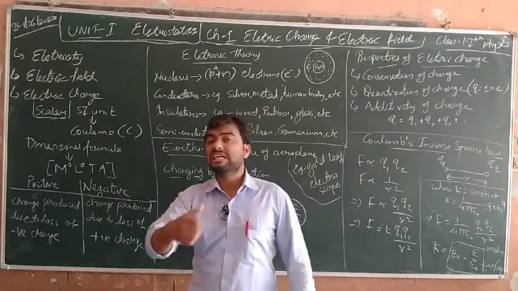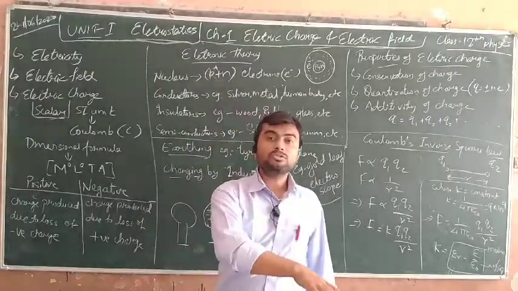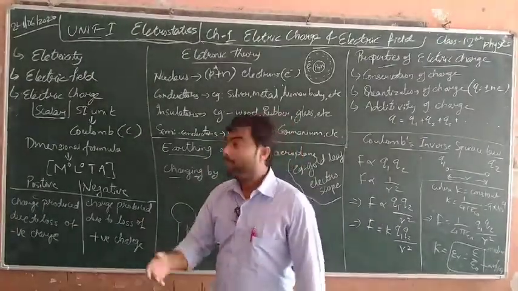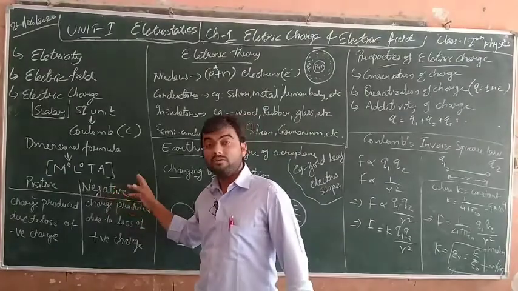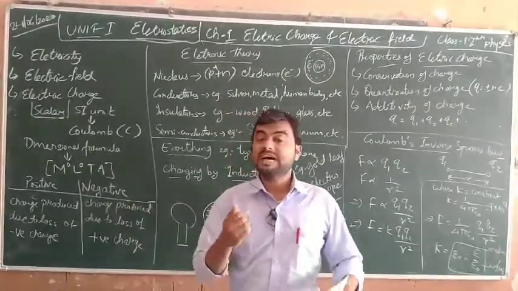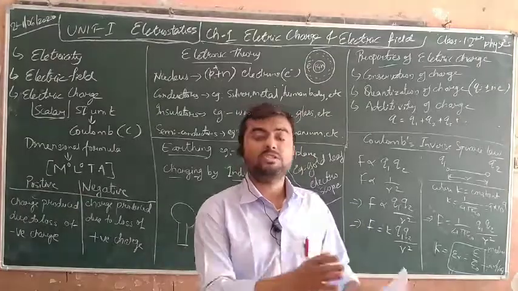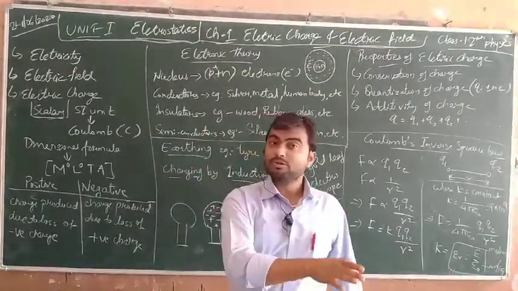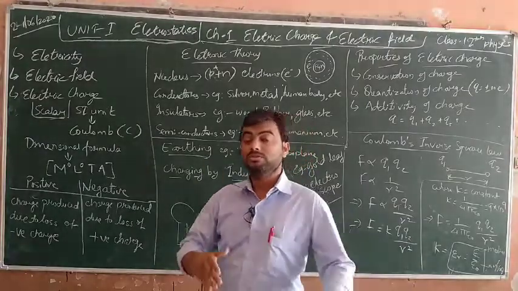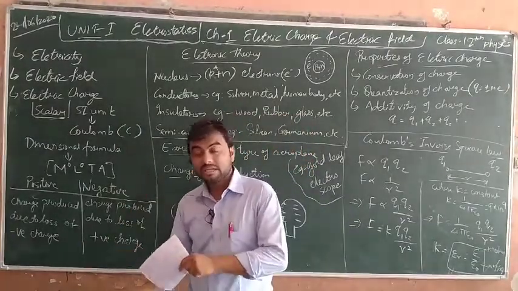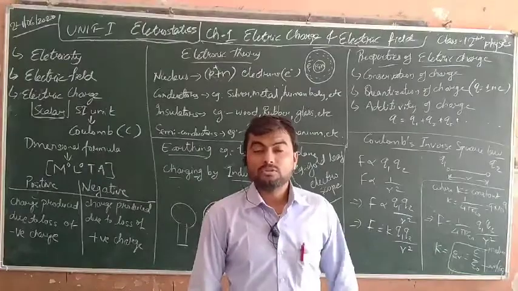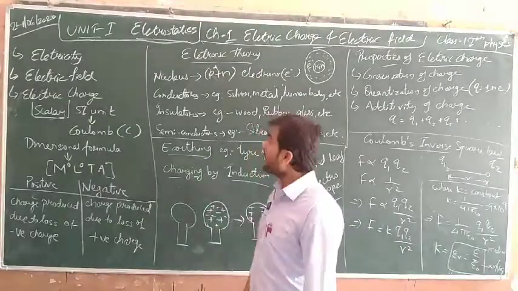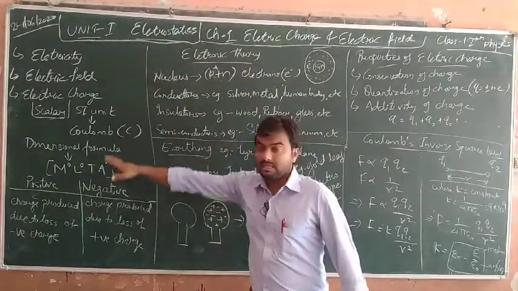When there is a loss of negative charge, positive charge is produced, and its opposite, negative charge, is the charge produced after the loss of positive charge. So it is vice versa. Again, this is a basic introduction.